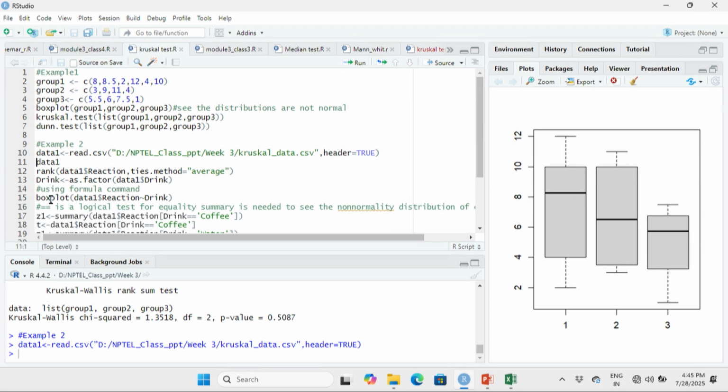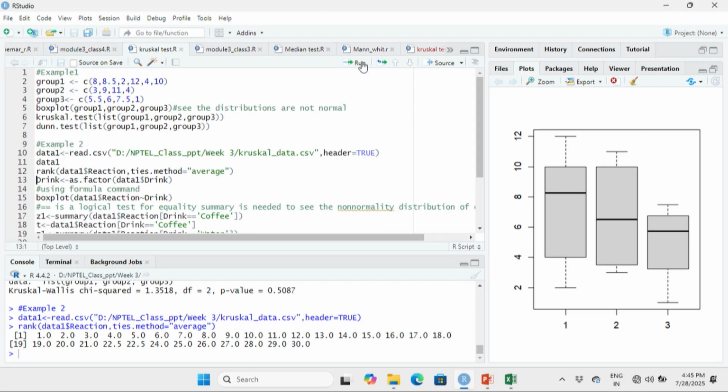Okay. So, data 1, and just to make sure what the rank of all the observations is, you can make a rank run.